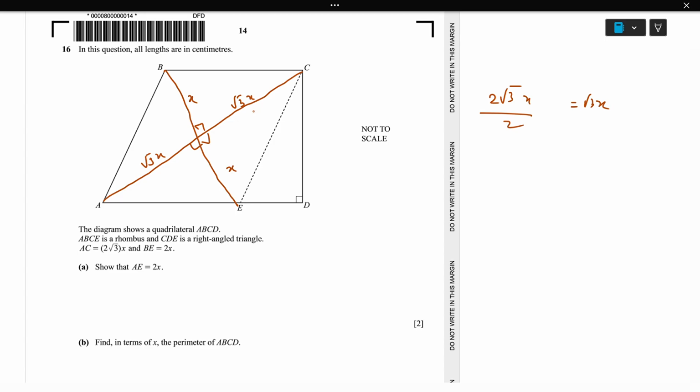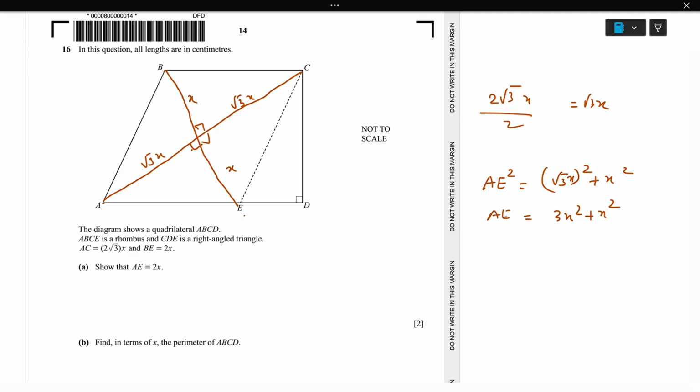So I'll use Pythagoras. I need to find AE square, because I'm using the Pythagoras rule. AE square equal to, hypotenuse is opposite of 90 degrees, so root 3x whole square plus x square, which is going to be 3x square plus x square, because square and square root will be rid off.